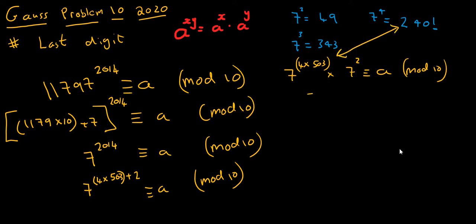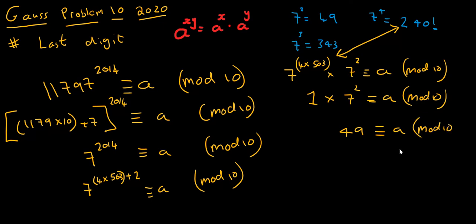So we're simply left with 1 multiplied by 7 squared is congruent to a mod 10. Well, 7 squared is 49, which is equal to a mod 10. And we're asked for the last digit, therefore the last digit is 9.